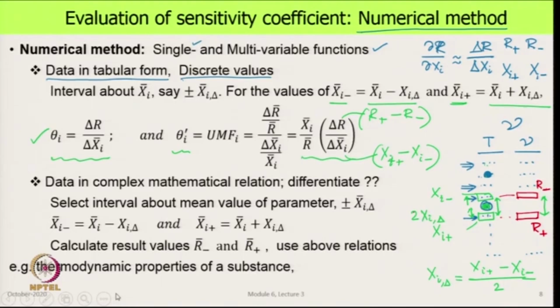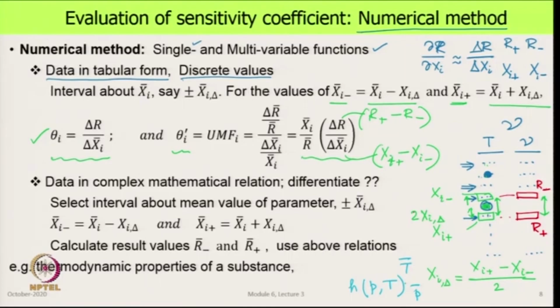If there are more than one variables, for example, the case of enthalpy being given in a table as a function of pressure and temperature, we would have to do the same thing. While calculating the partial for pressure, we have to hold temperature constant, which will be our T bar. And while calculating the sensitivity coefficient for temperature, we have to keep pressure constant.